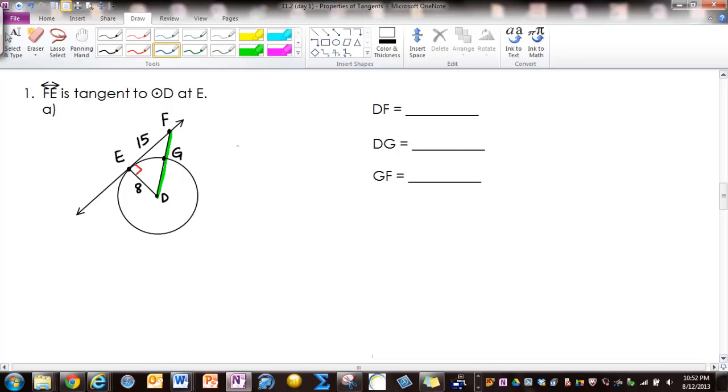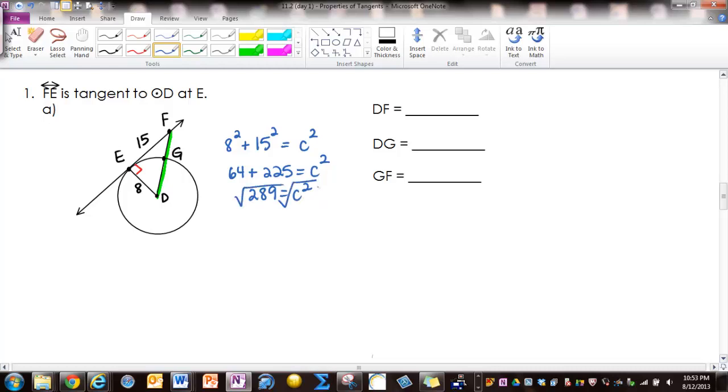So I set up my algebra problem here. 8 squared plus 15 squared, because those are the two legs of my right triangle, equals c squared. 8 squared is 64 plus 15 squared is 225 equals c squared. 64 plus 225 is 289 equals c squared.